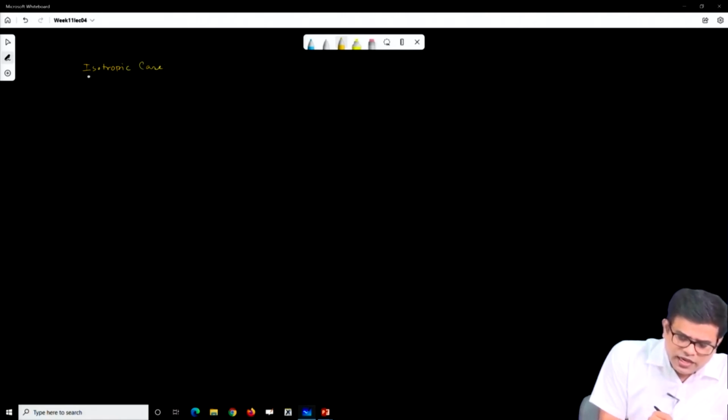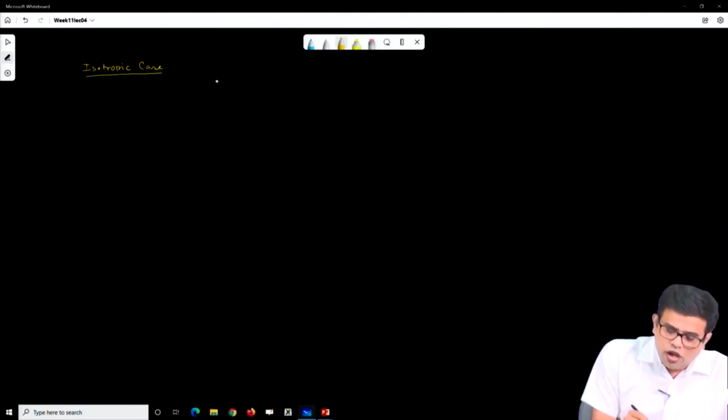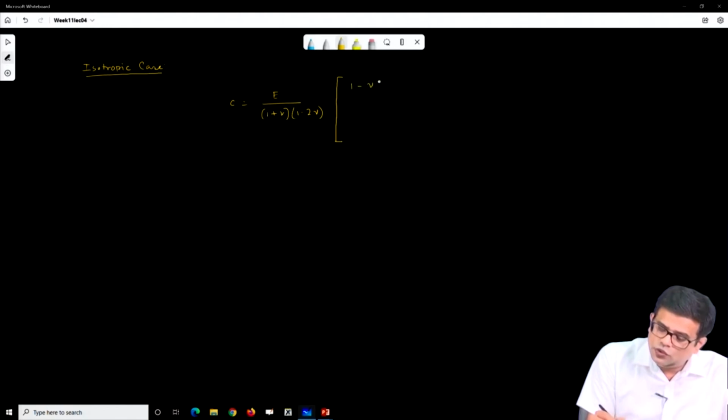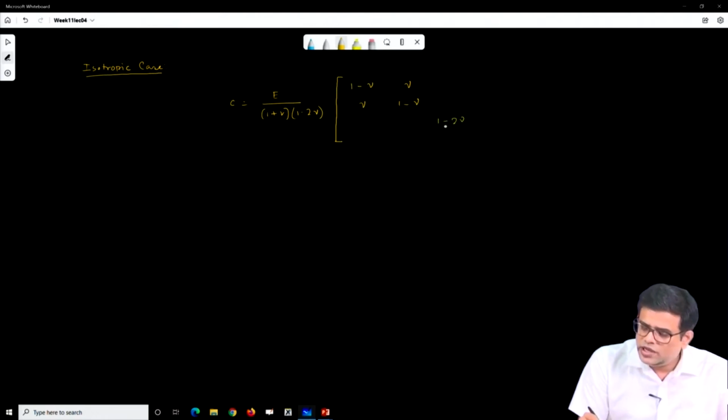In the case of an isotropic body, what is the constitutive matrix? We all know that C is E by (1 plus mu) into (1 minus 2 mu), times the matrix with entries 1 minus mu, mu, and (1 minus 2 mu) by 2.